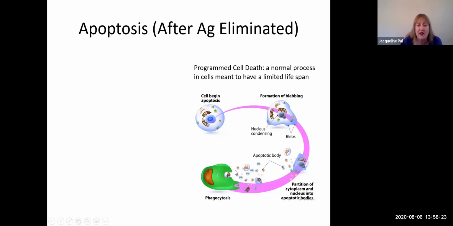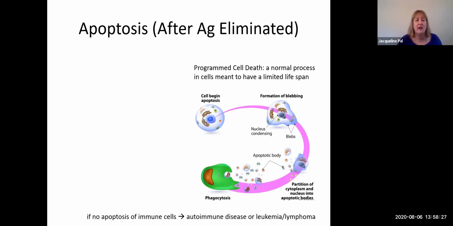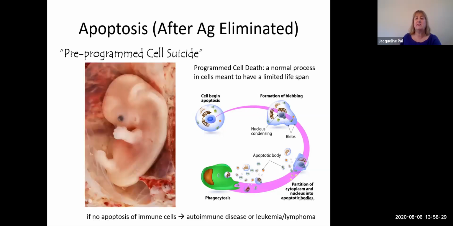When we don't need these cells, we are going to have them undergo what we call pre-programmed cell suicide. If this didn't occur, and if all these clones of cells remained behind, you would either end up with autoimmune diseases or leukemias or lymphomas. Not a good thing. But apoptosis happens in your body 24/7 every single day since long before you were born.